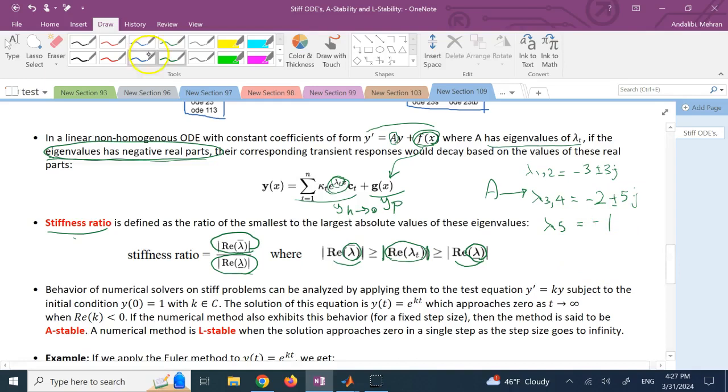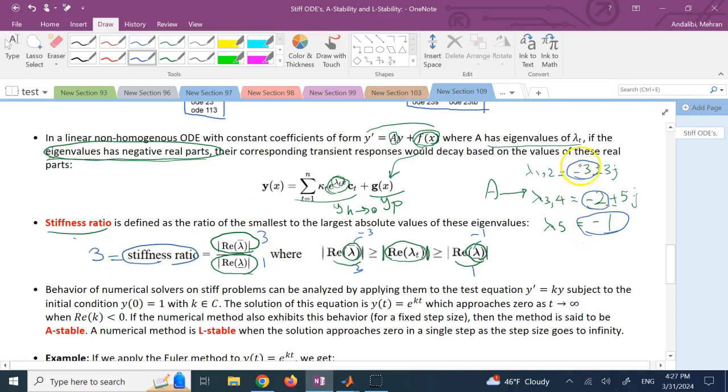So if you look at the real parts of these lambdas, at their absolute value, this is the one that is the smallest absolute value, and this is the one with the largest absolute value. Here, this one is negative 3, and this one is negative 1. So the absolute values of the real parts of all lambdas are between 3 and 1. If you plug that 3 and 1 here, you see the stiffness ratio for this system is equal to 3.